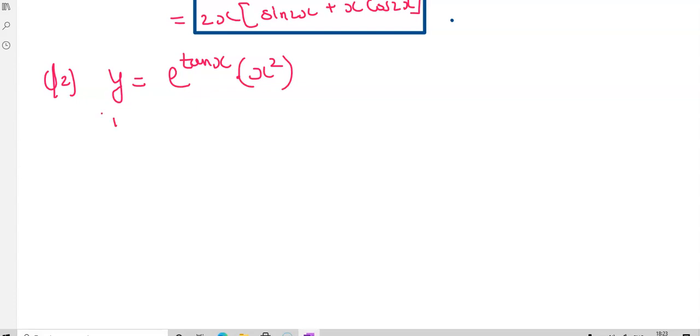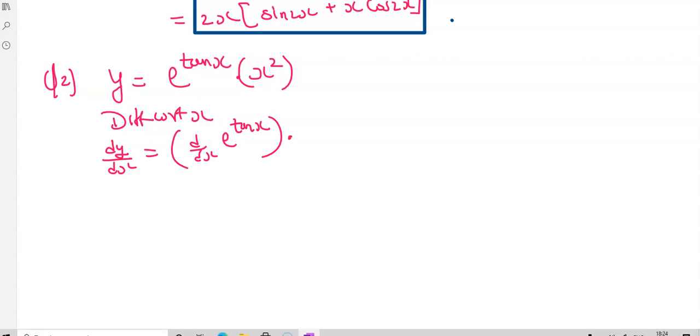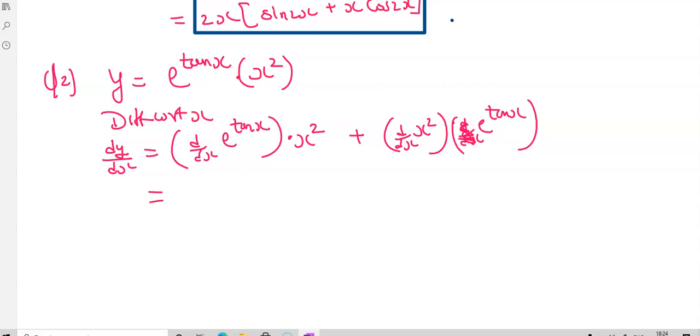Now once I differentiate with respect to x, it is dy by dx, derivative of e to the power 10x into x square plus d by dx of x square. No need for this, we have already done this. So e to the power 10x as it is.